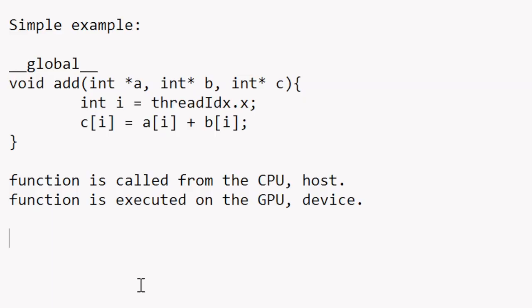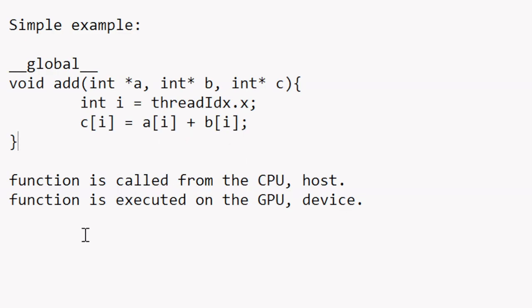Inside the kernel, notice this statement. Each thread has its own unique thread ID. This allows the different threads to work on different elements of the data.